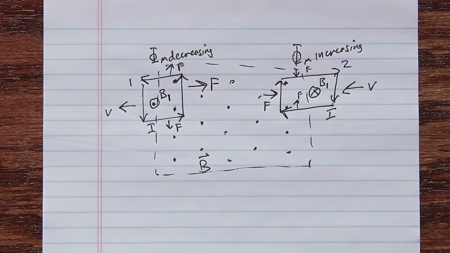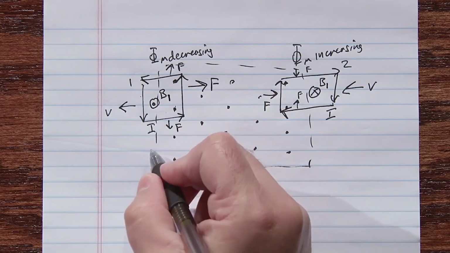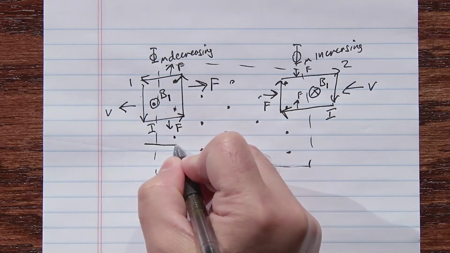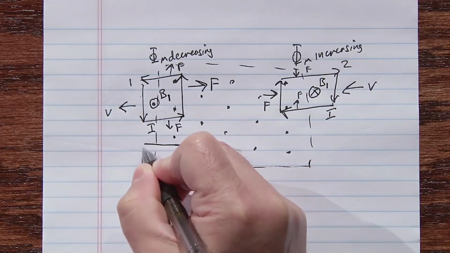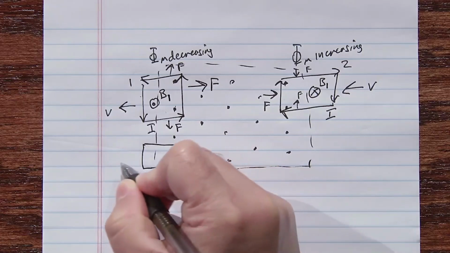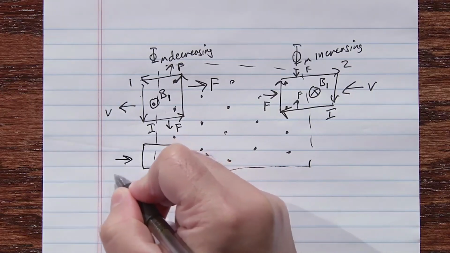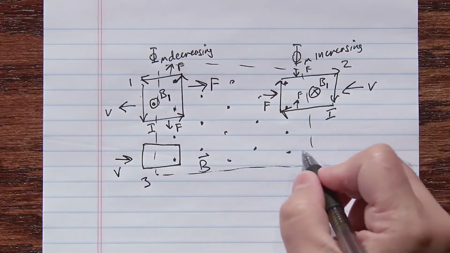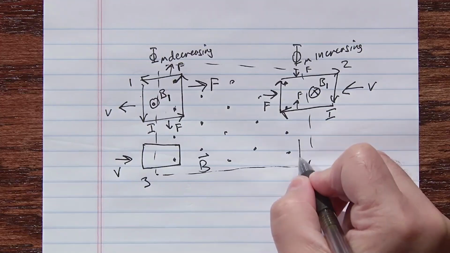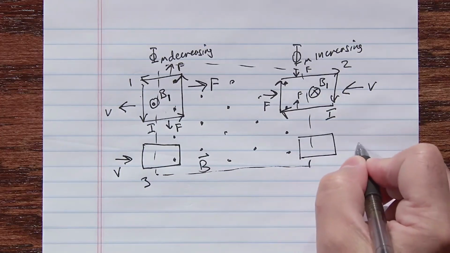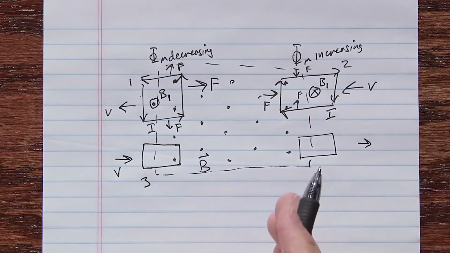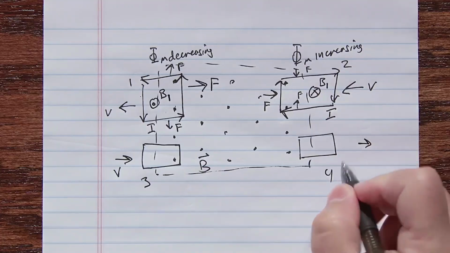Let's take a look at the other two examples. We have number 3, which is going into the magnetic field, and number 4, which is going out of the magnetic field, both to the right.